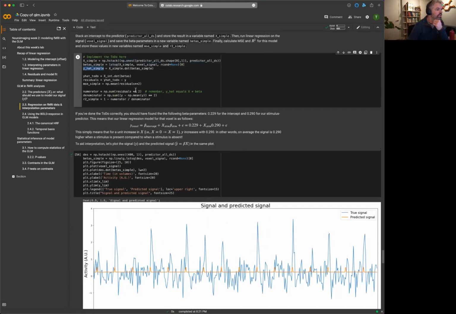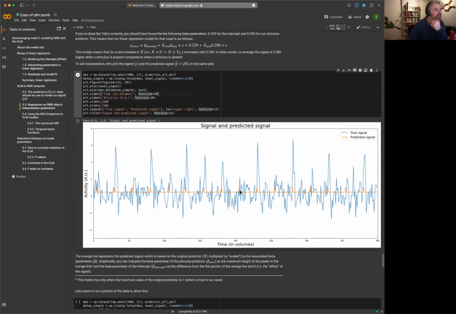So that is taking the intercept and the beta weight for the predictor, and then multiplying and summing them. This means our intercept value, the first beta weight coming from the least squares, is something like 0.3. And then there's another one also around 0.3, because that's the multiplication of that single thing.